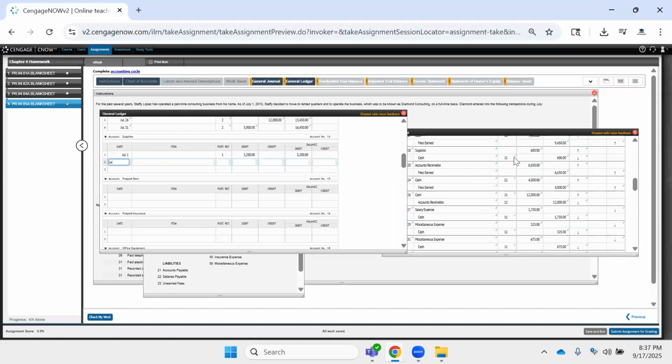Our next entry is an additional purchase of supplies, number 14. Okay, so we put our number 14 post ref in, but it was a $600 debit to supplies. And so 3,800 is our total supplies now.